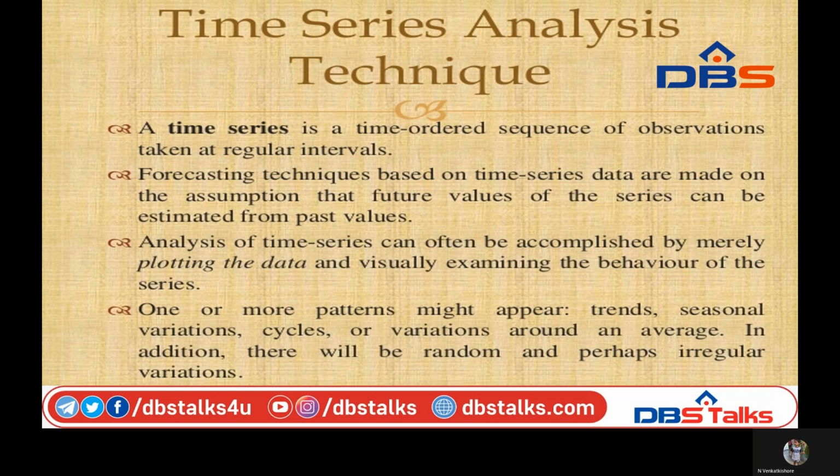And next, what are the components of time series? Long-term movement, or secular movement, and short-term or fluctuating or periodic movement. So these are the two techniques which are available in the time series.